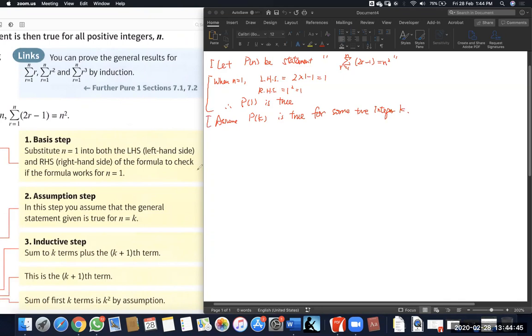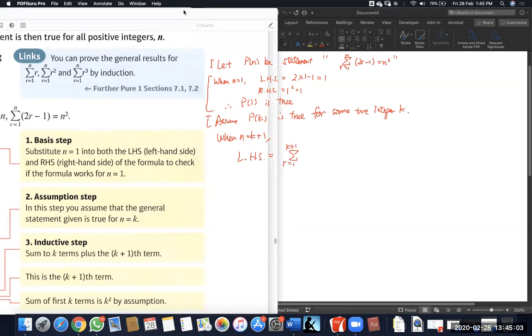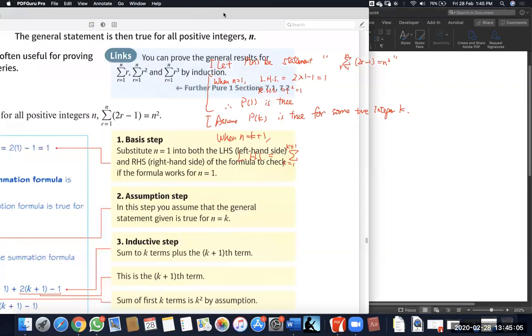That is step 3. And then step 4 is the main body of the mathematical induction. So when n equal k plus 1, how does the left-hand side look like? The left-hand side is summation. Sir, is it important for it to be a positive integer? Because the question asks you to prove it for positive integers. Okay.